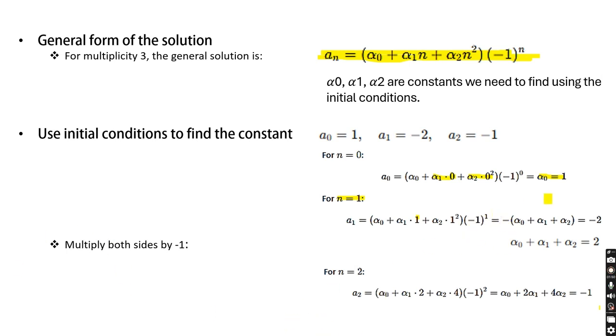So, if you multiply this, it is still the constant value that comes out. We have a1 and a2 because it is 1 already. So we have negative a0 plus a1 plus a2 is equal to negative 2.